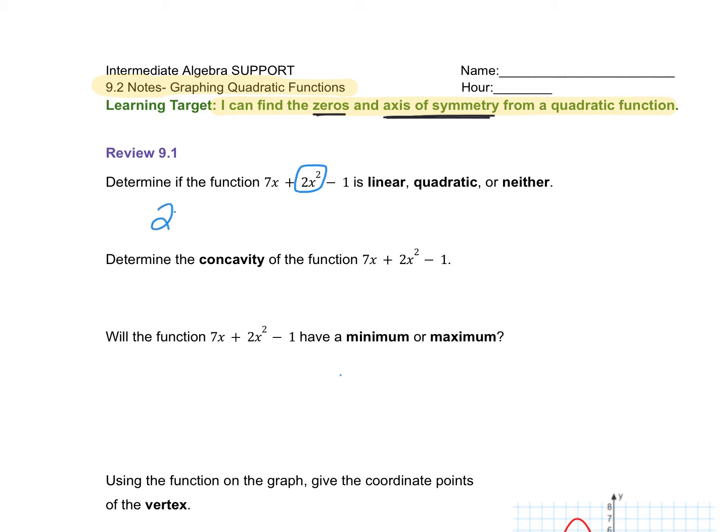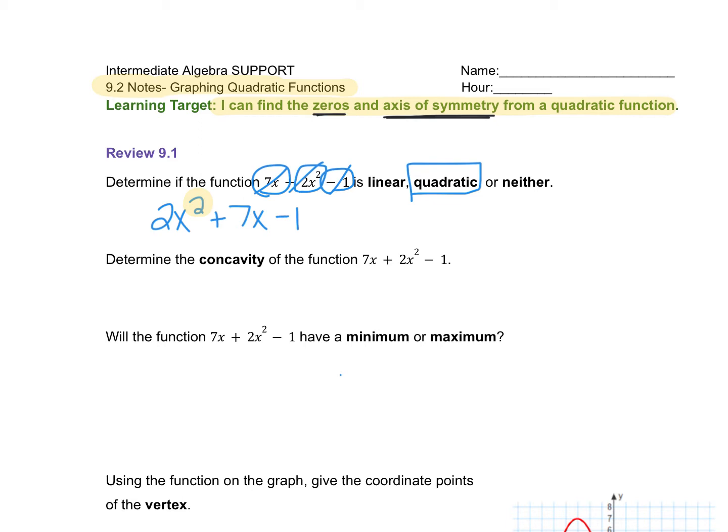So we're going to put 2x to the second, and then my next highest term would be 7x, and then lastly, we have a minus 1. Then I'm looking at my exponent in the very front, and it's a 2, and that means it is a quadratic function. We always want our highest exponent to be 2.